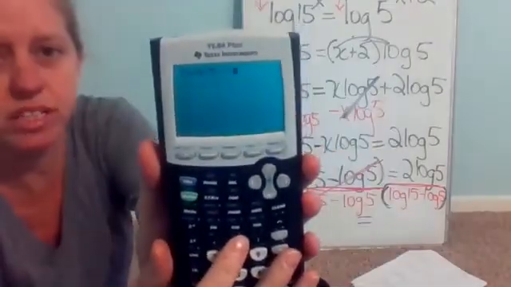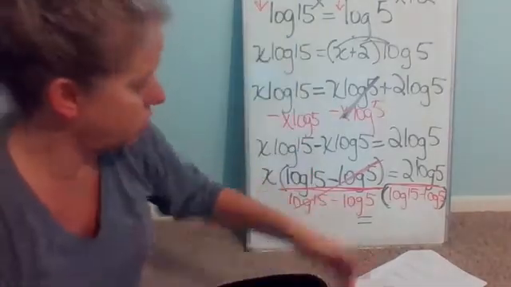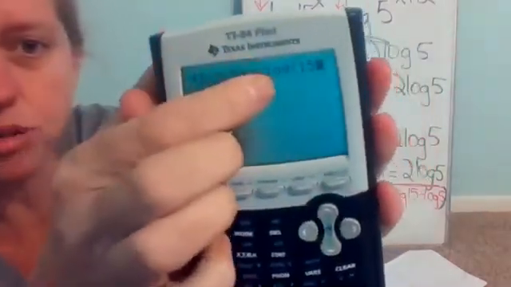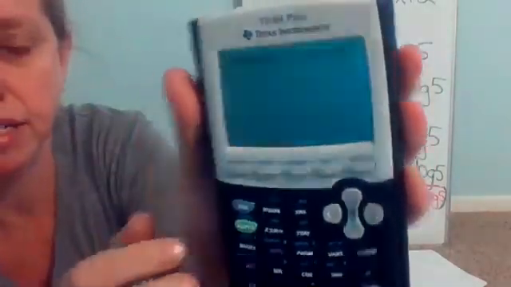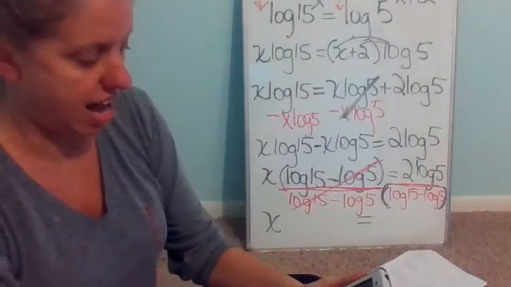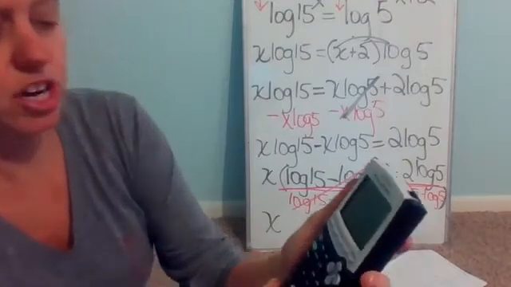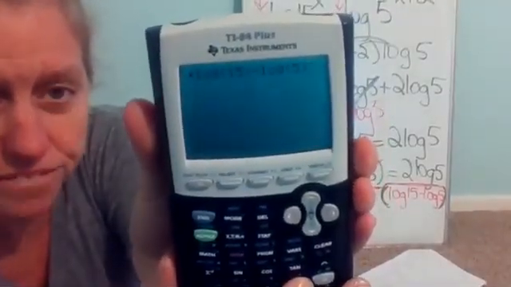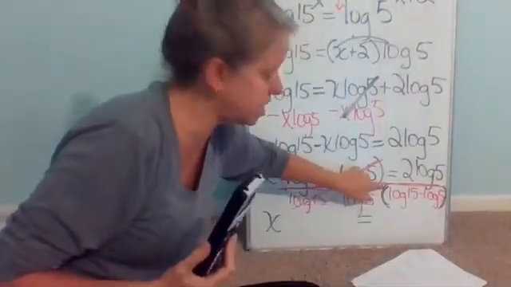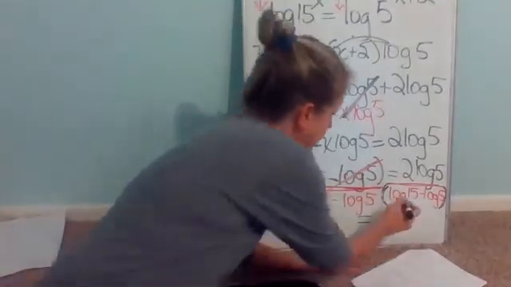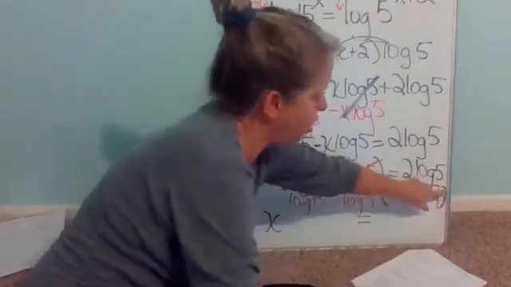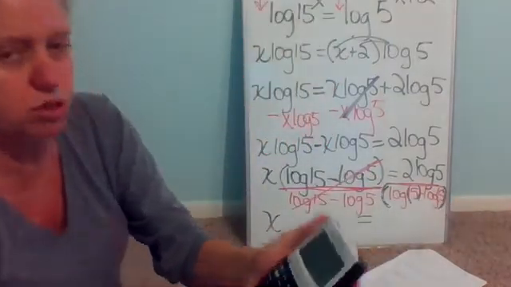So do an open parenthesis. Then when you type in log 15, you're going to have to close the parenthesis around that 15, right? So close it. Then minus log 5. So you're going to have to close the parenthesis around the 5 and another closed parenthesis to close this parenthesis. So again, it puts parentheses around the 15 and the 5. So over on that right side, you need 2 closed parentheses.